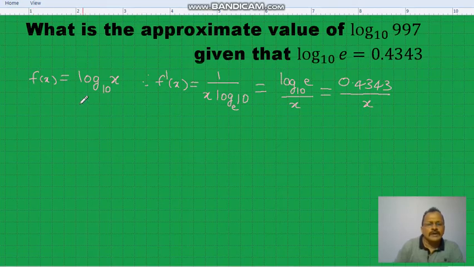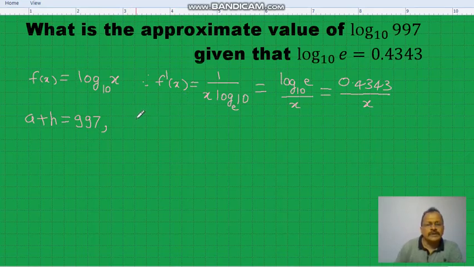Now let us choose a and h smartly, so that a plus h must be 997, and we should know the value of f(a) and f'(a) easily.